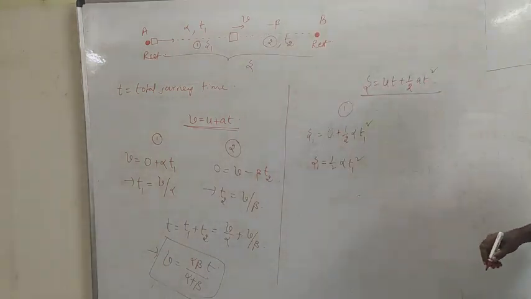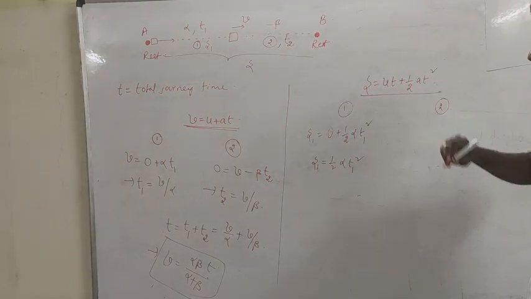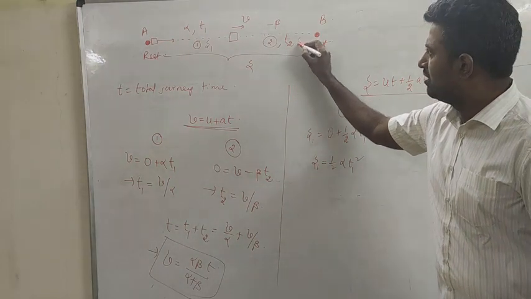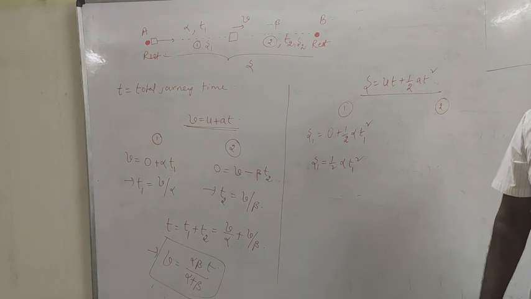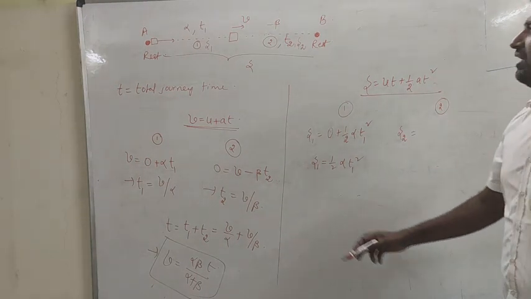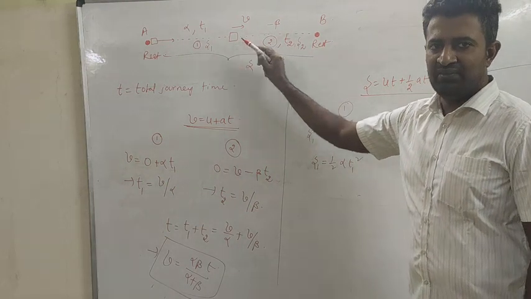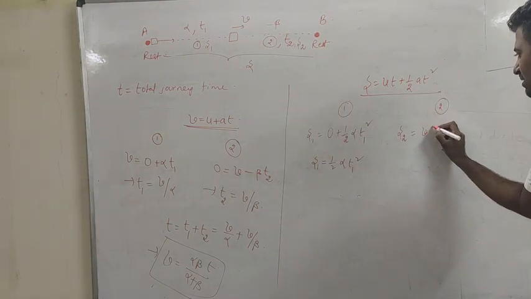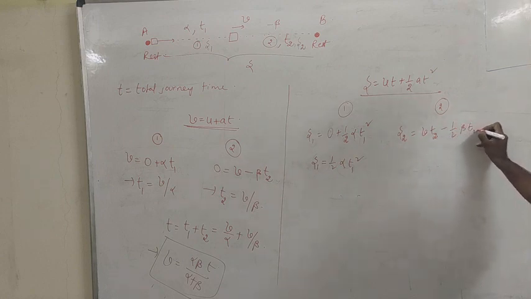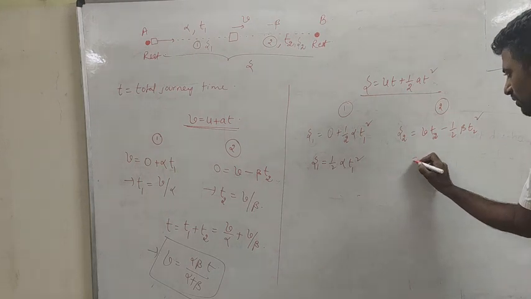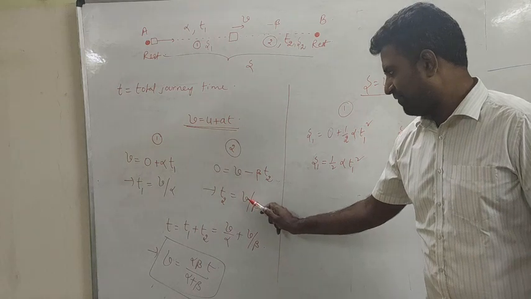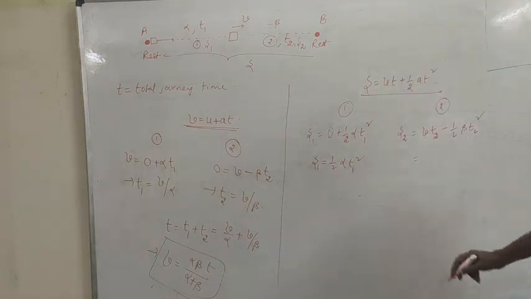Next, to implement this equation for the second part of the journey, S equal to ut plus half at square. Let us assume that S2 is the displacement for the second part of the journey. Then S2 is equal to initial velocity for the second part of the journey, V t2, minus half beta into t2 square. Observe, I have the expression for V. V will be equal to beta into t2.